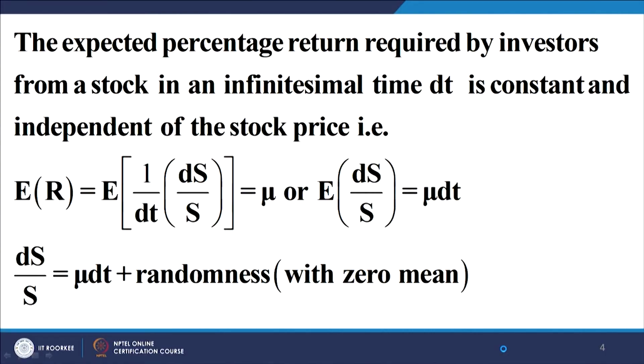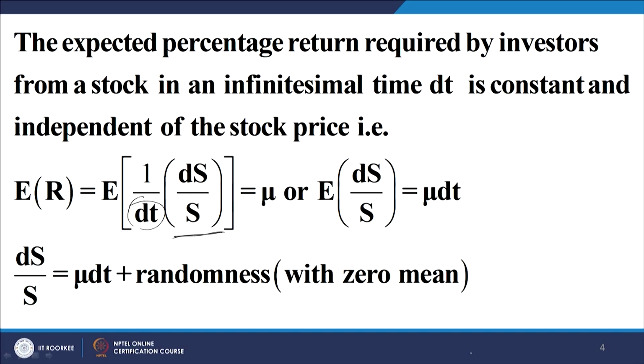How does it translate to figures? Let us see. The expected percentage return required by investors. What is the expected percentage return? We are using the formula ds by s. The justification or the rationale for using this formula is provided by dt. We can use this formula if dt is small.